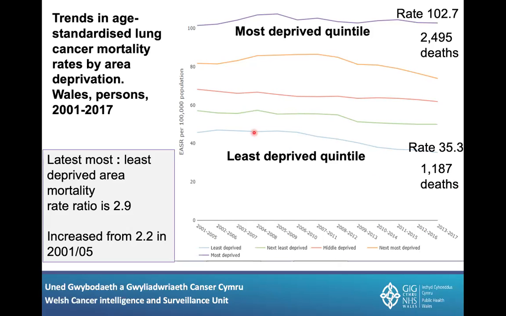And one of the key things we've noticed is that the mortality has hardly changed in the most deprived areas of Wales, and it's been slowly decreasing in the least deprived areas.